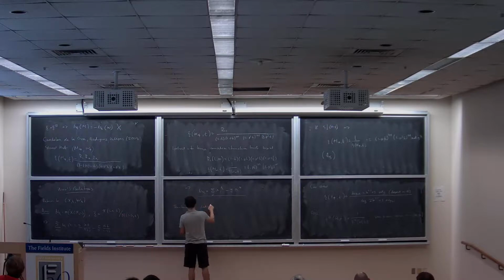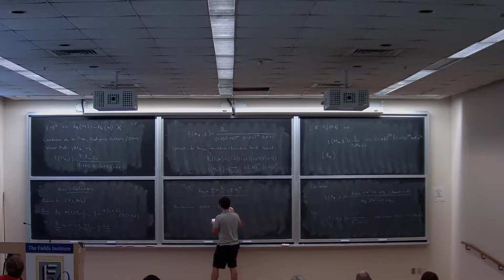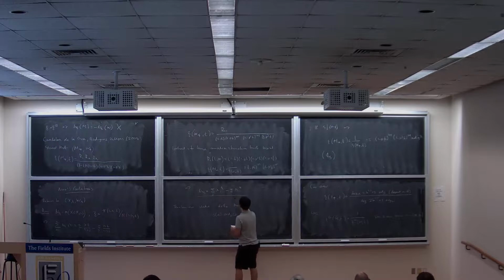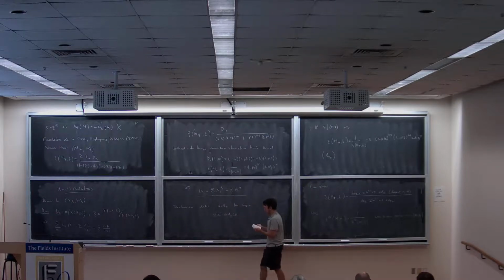define for any alpha in Cp, a p-adic number, the slope of alpha to be just the p-adic order of alpha with respect to p, or if you have varieties over Fq, then maybe the q-adic order.